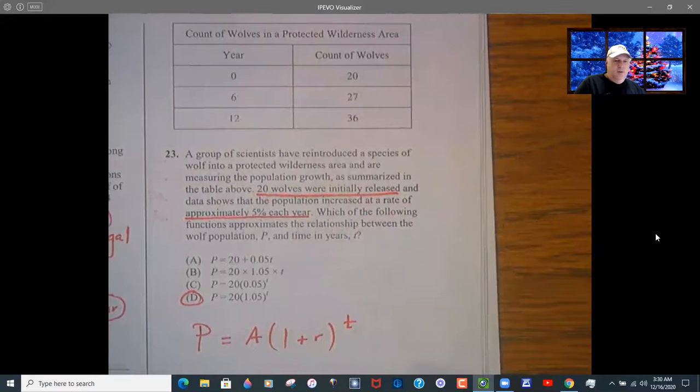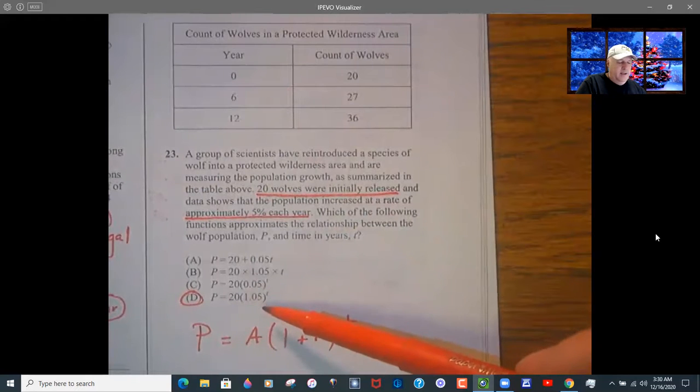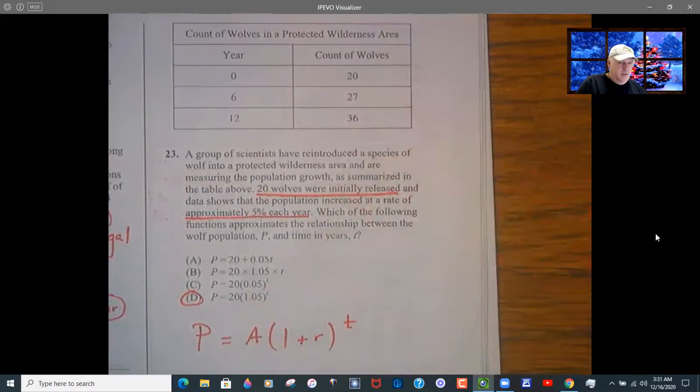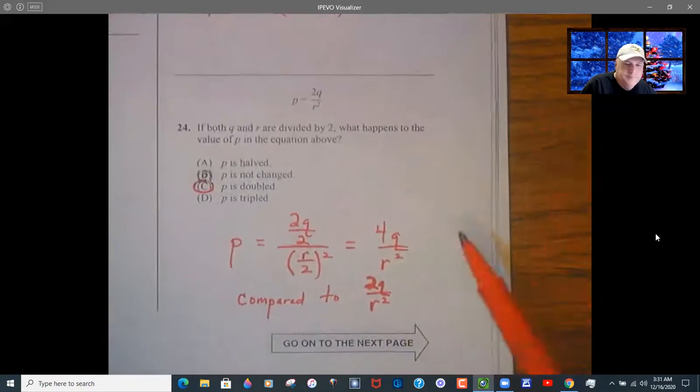So you'd have to do 20 times 1.05 to the 6th power to get the 27. So that's something that could be a little tricky for you because it's by the year. So make sure that you're watching out for that.